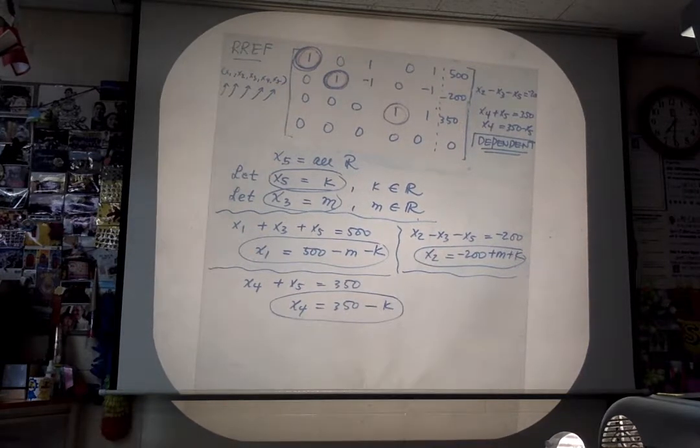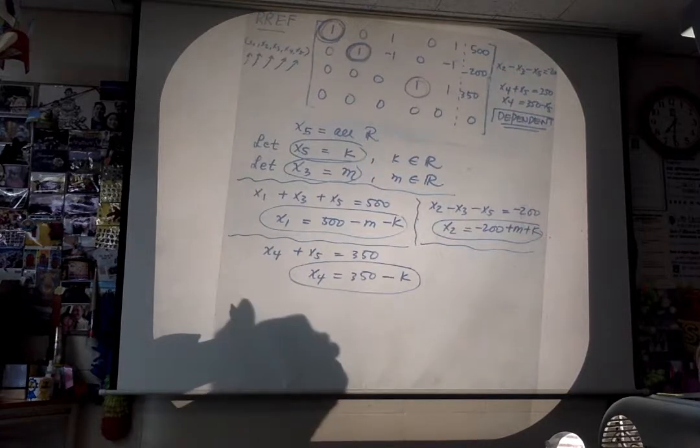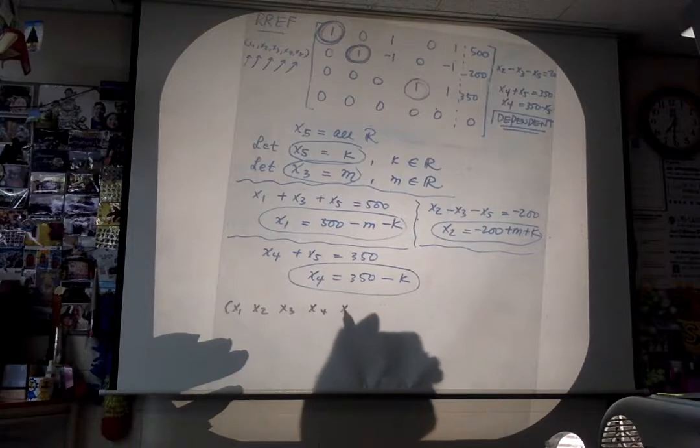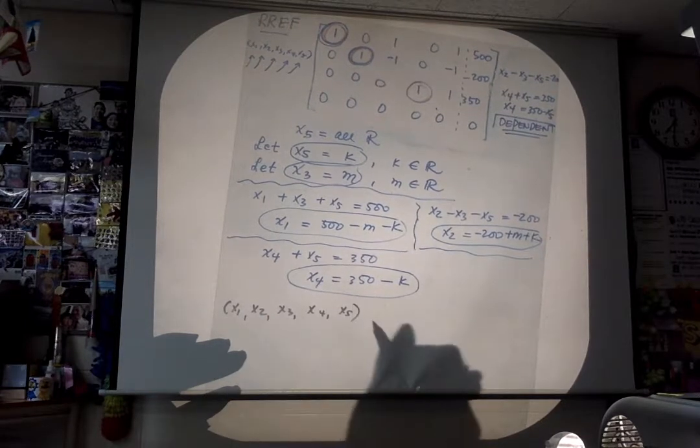So the way we conclude is by writing what x1, x2, x3, x4, and x5 actually equal.